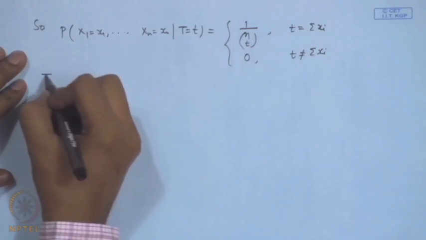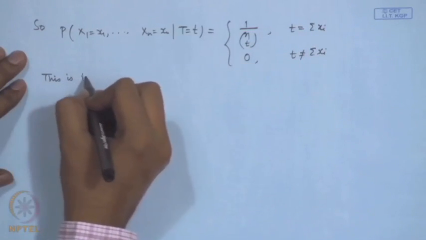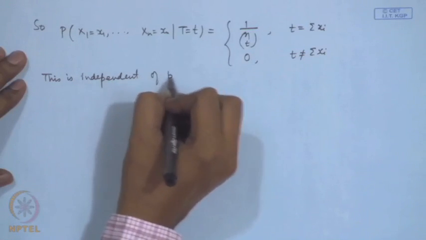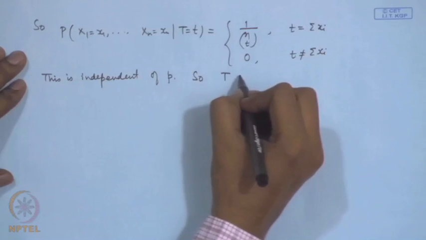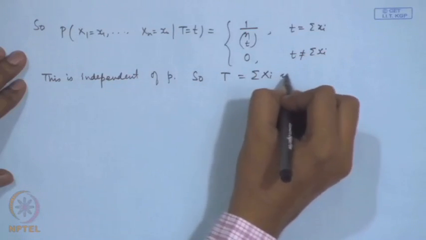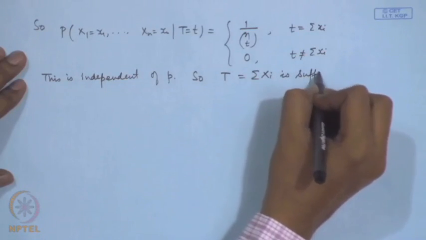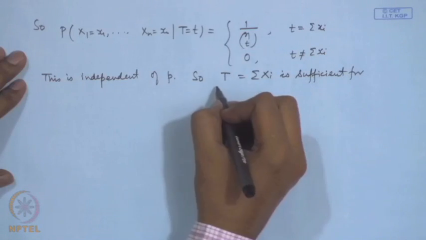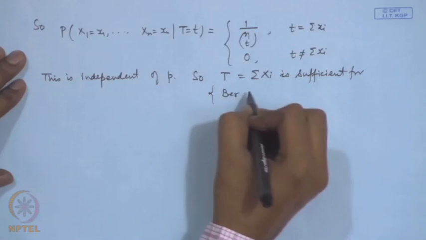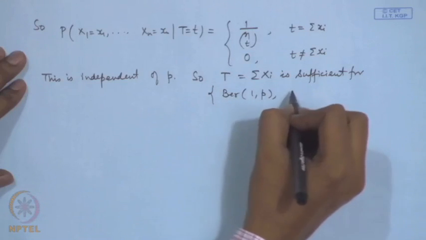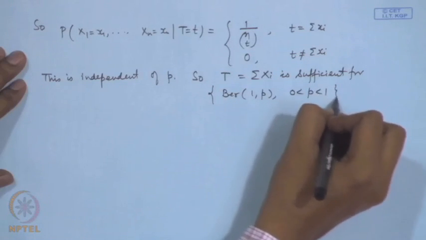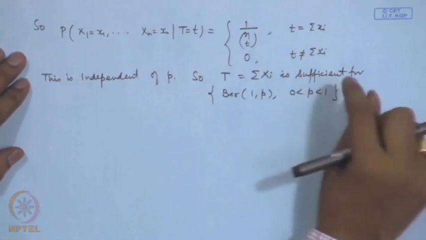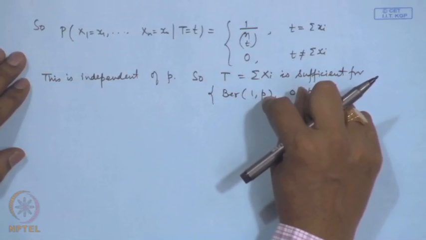So, this is independent of p. So, T is equal to sigma Xi is sufficient for the family of Bernoulli distributions. We may also say that T is sufficient for p here.